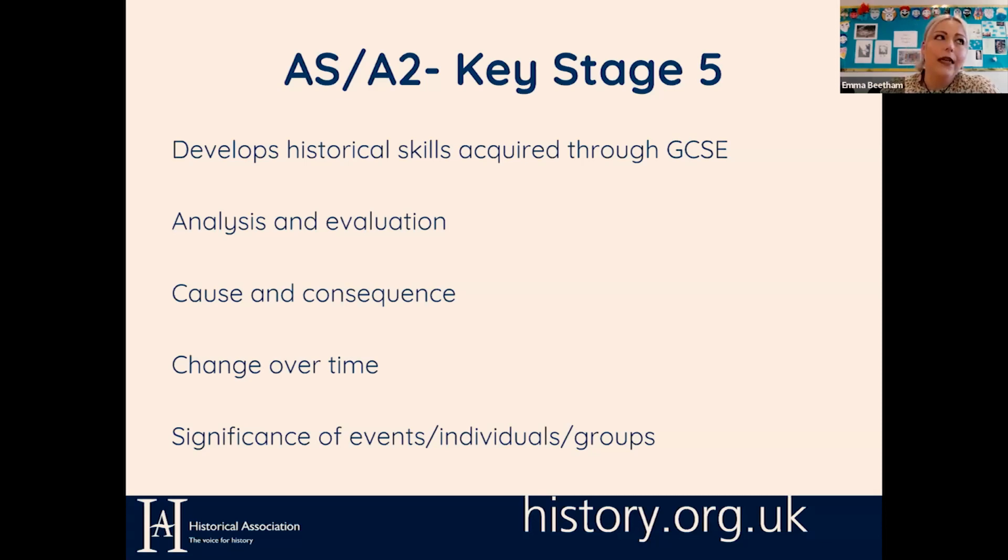If they haven't done history at GCSE, we do still accept them on because of blocks and how it might work in their school, as long as they're keen, interested, and have got a grade 6 in English language to prove they're competent readers and writers, because that's obviously what we want for history students.